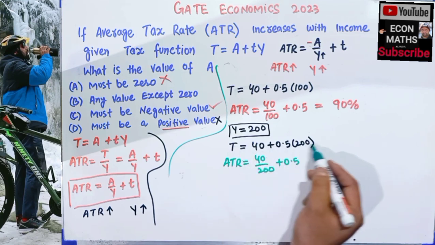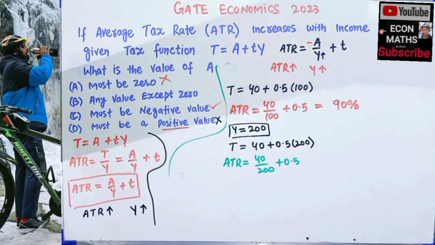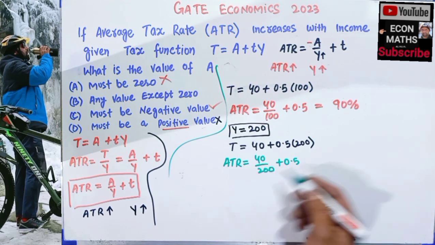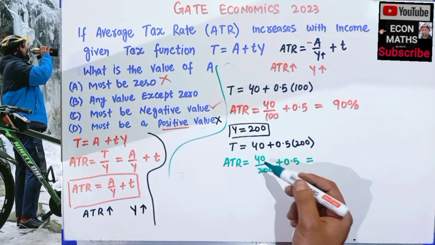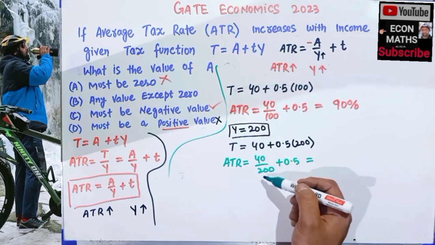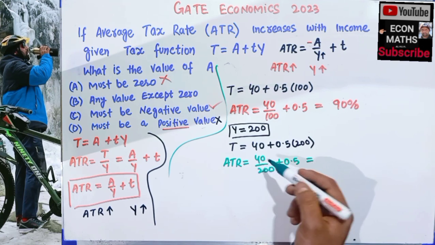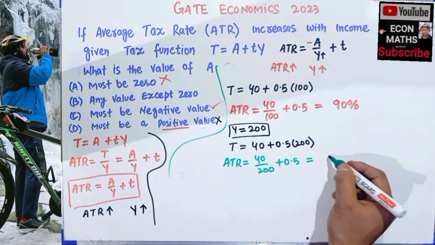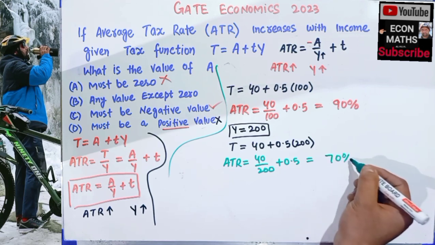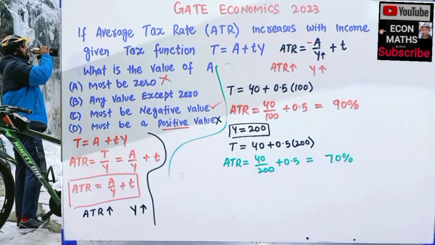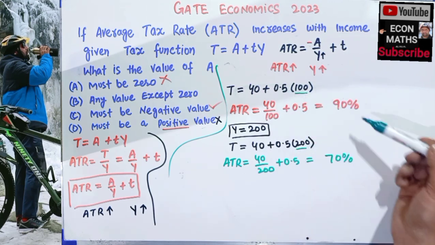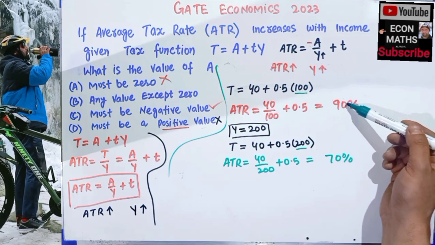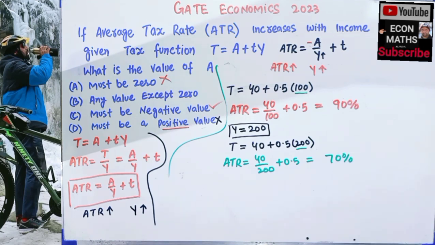I am dividing this equation with initial income to get the average tax rate, and here 40 upon 200 will come out to be 20% plus 50%, it comes out to be 70%. Here you can see when income increases from 100 to 200, average tax rate has decreased from 90% to 70%.